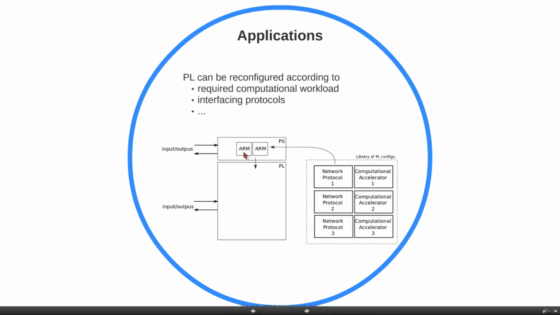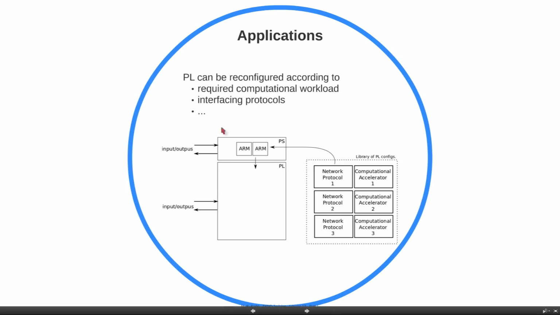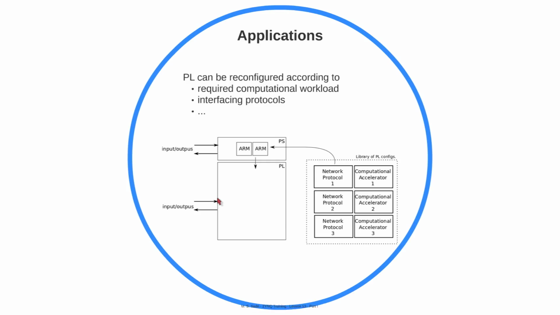So during running the application, at each point in time, the ARM host will look at what kind of hardware accelerator it needs, and it reprograms the PL with that specific hardware accelerator. Or imagine that you are using your ZYNQ device as a communication interface, or as a node in a network.